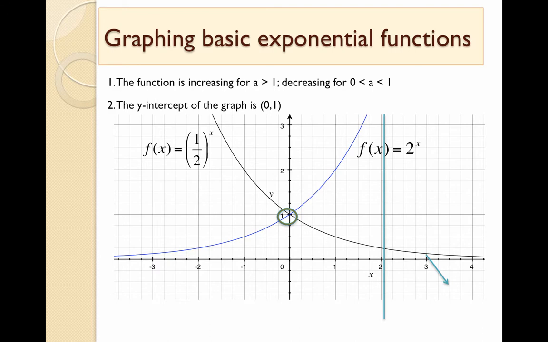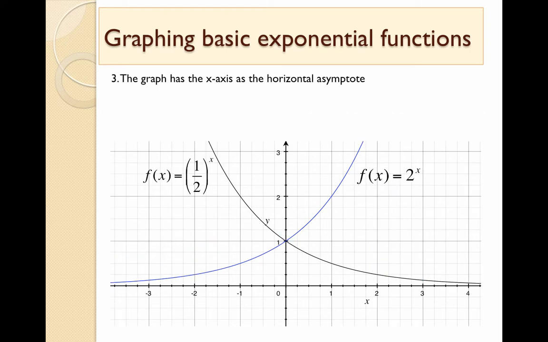Another characteristic is that the intercept of the graph is (0, 1), and you can see this is true for both this increasing function and the decreasing function. So again, as long as there's no translations, your y-intercept is always going to be at (0, 1). Another characteristic we looked at is that the graph has the x-axis as the horizontal asymptote, and you can see visually that that's true.